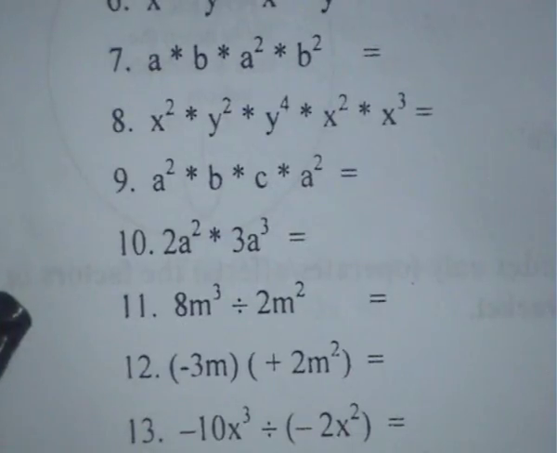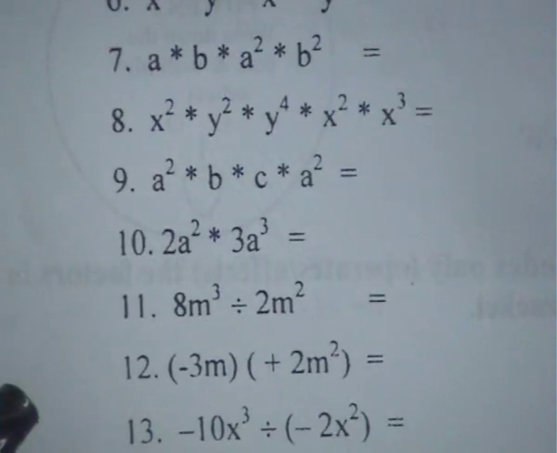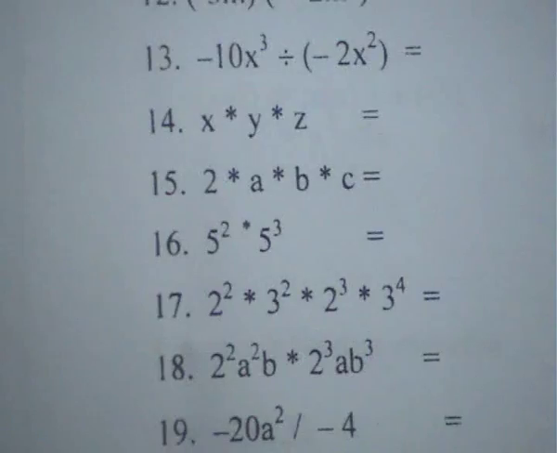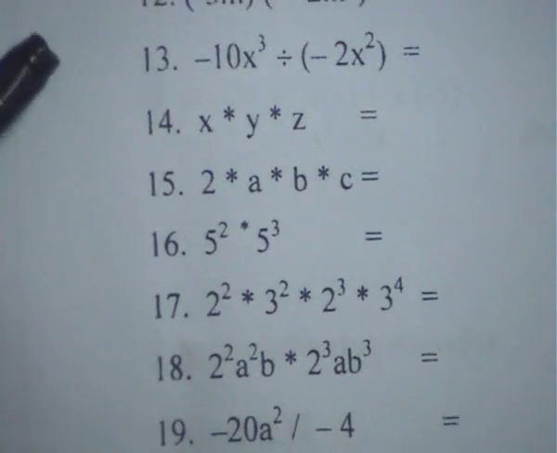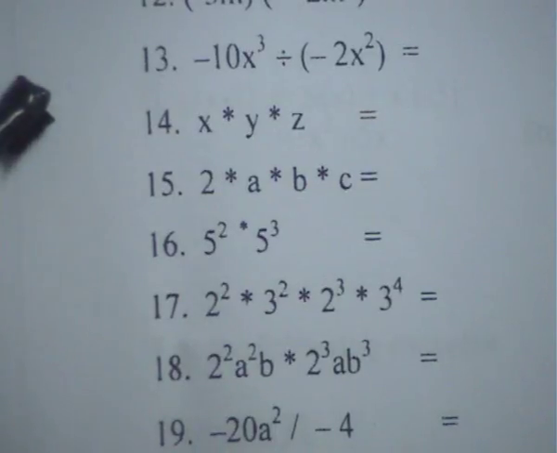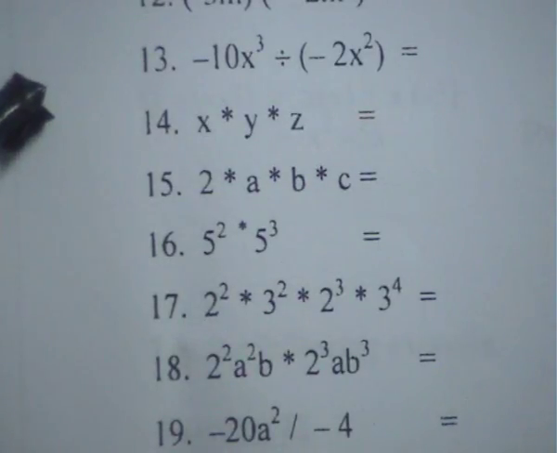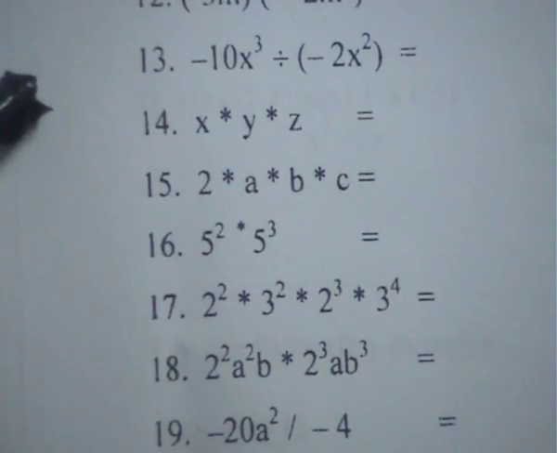Number 11, 8m cubed divided by 2m squared. Number 12, minus 3m times plus 2m squared. Number 13, minus 10 cubed divided by minus 2x squared.